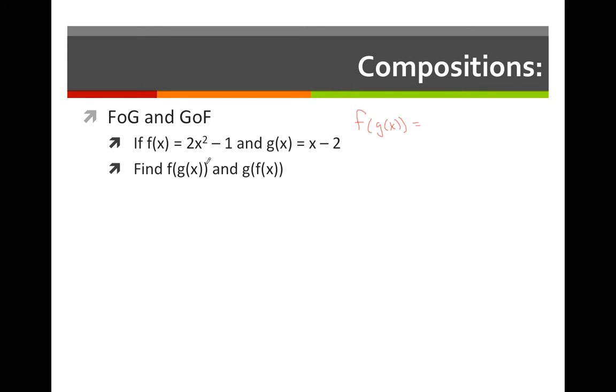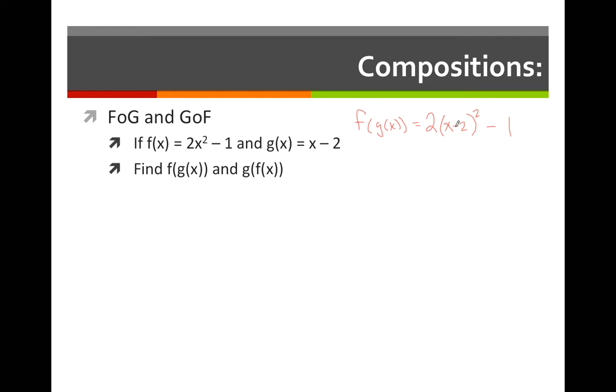That says take the function f and plug in the function g for every x value. So f looks like 2 times x squared. Excuse me. So we're going to take x, well, in this case, it's g of x. So it's x minus 2 squared and then minus 1.